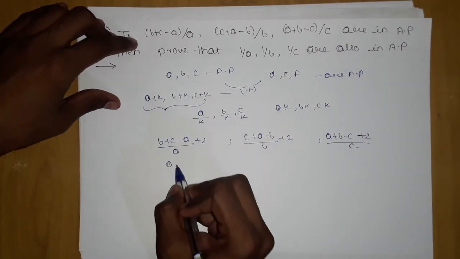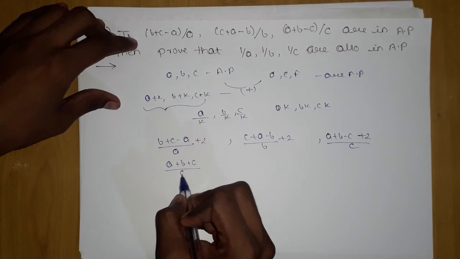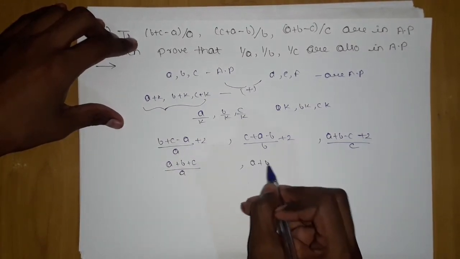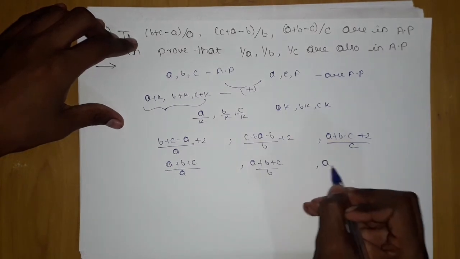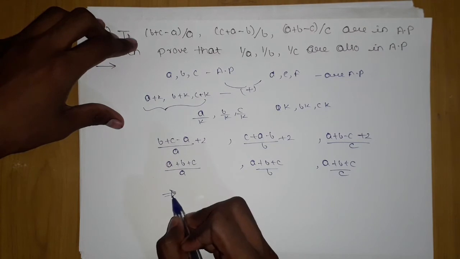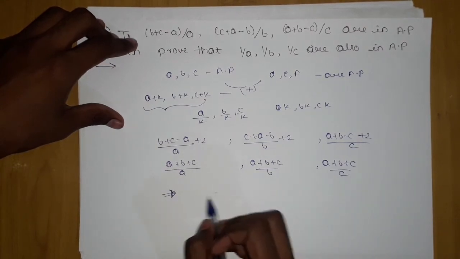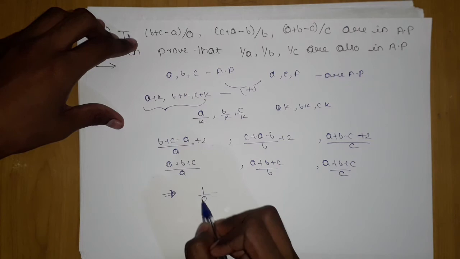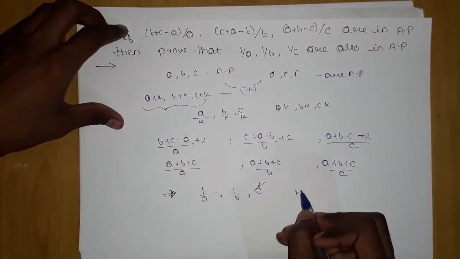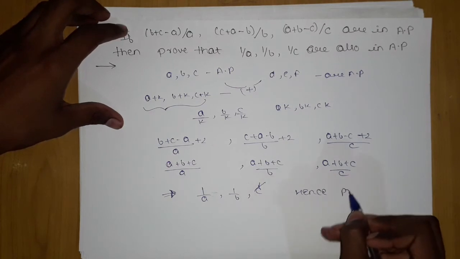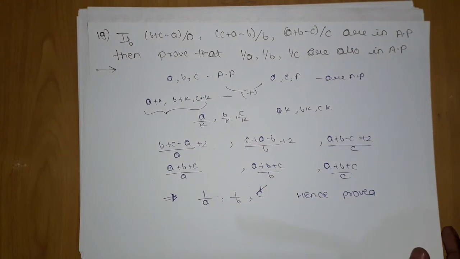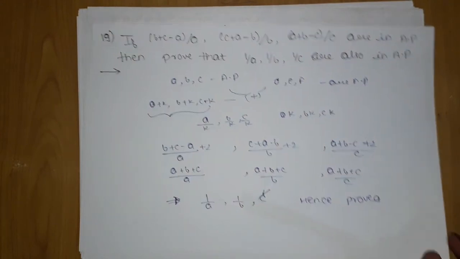What I have is a plus b plus c upon a, a plus b plus c upon b, a plus b plus c upon c. If I divide throughout by a plus b plus c, I get 1 by a, 1 by b, 1 by c. So this is also in AP. Hence proved. This was a very easy level question. This question will be taught when the teachers are teaching you in the classes.